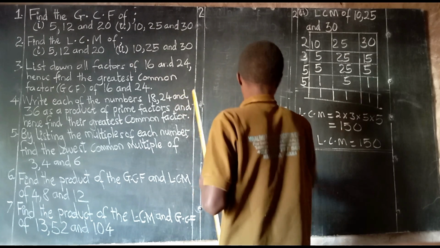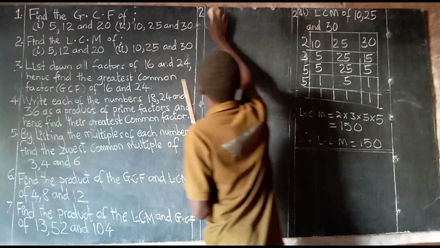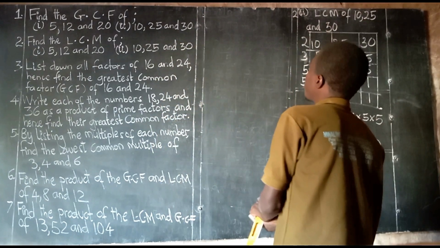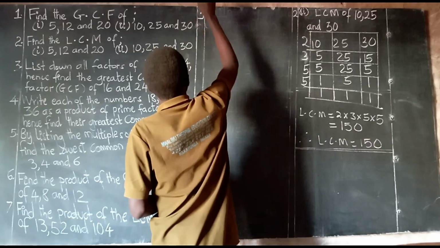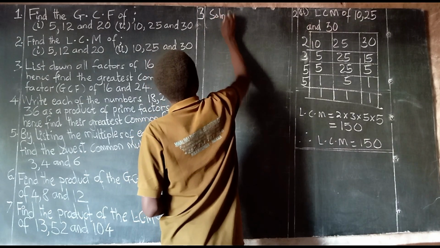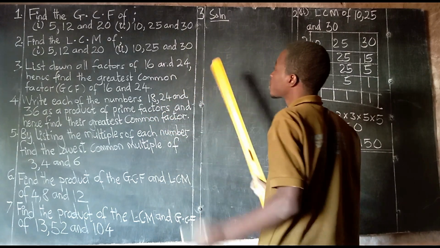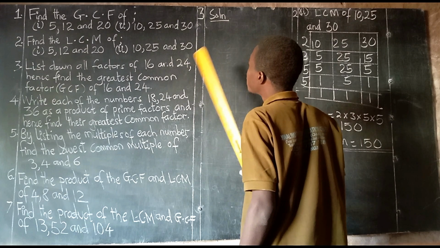Now you can see the way mathematics is easy, but for those who are serious, mathematics is easy. Now let us see. This is the third question's solution. We are given two numbers, 16 and 24, and we are told to find the GCF for these two numbers.